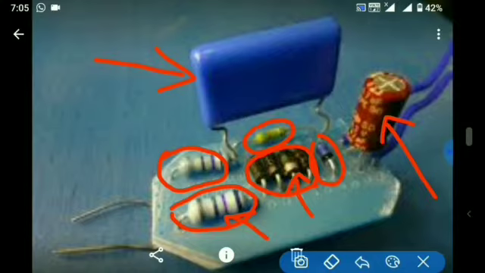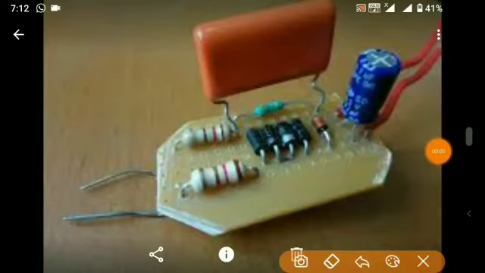I gave you the example about the use of a capacitor in a fan, in a CFL or LED bulb, but these are used in most of the gadgets, in computers, in mobile circuits, etc. These components of the circuit have their individual specific functions. But here we are going to study about the functions of the capacitor.